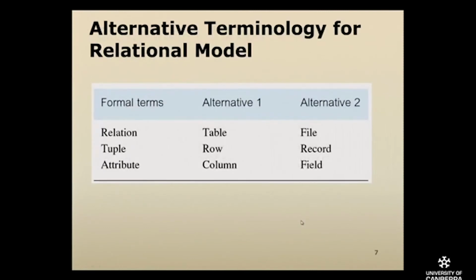So here is the same thing, and same terms with different alternatives. So relation is a table, tuple is a row, and attribute is a column in a table.